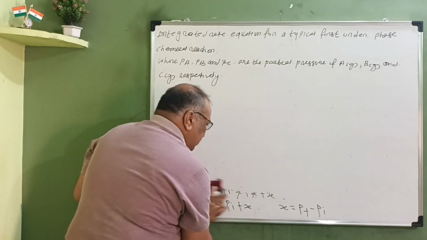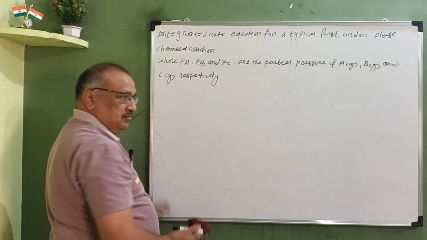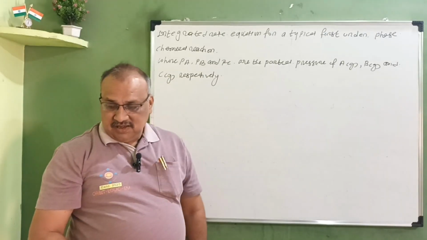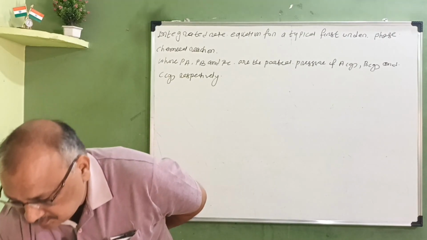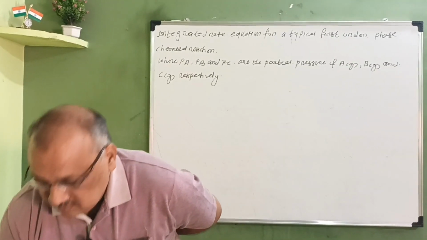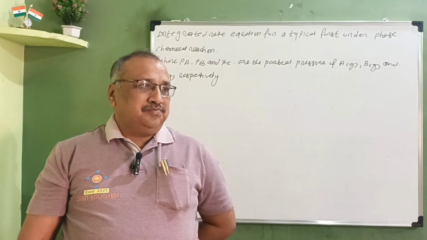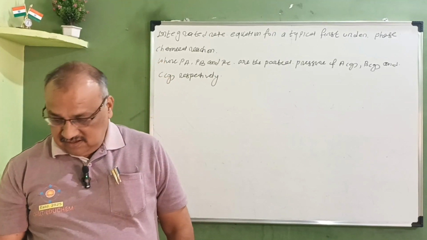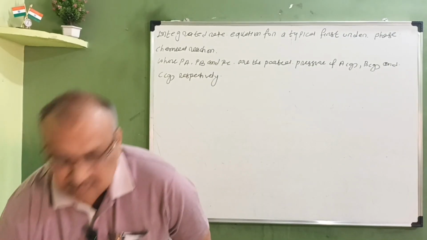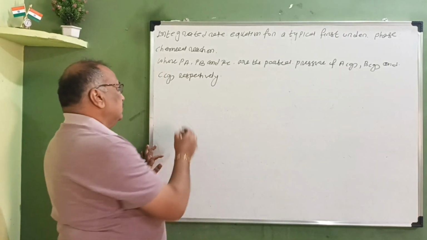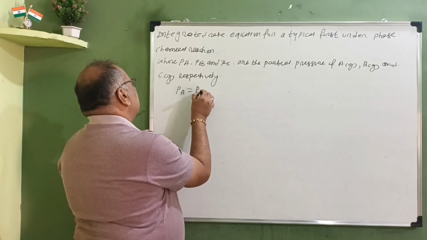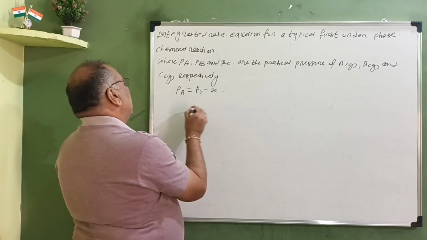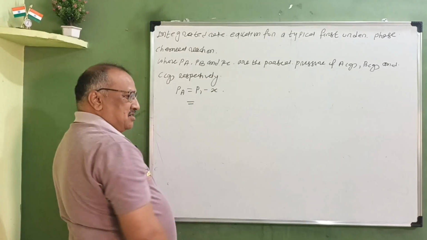That means here, what is your aim? Your aim is to find out the value of Pi and PA. Now here PA is equal to Pi minus x. But what is the value of x here?